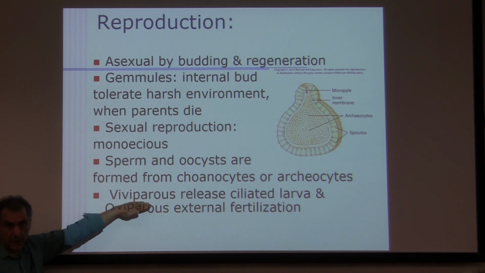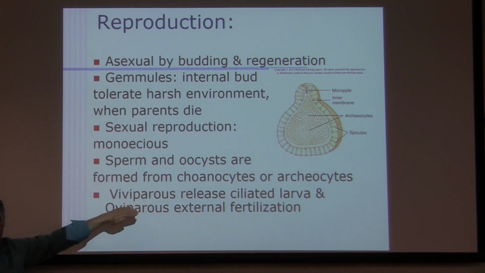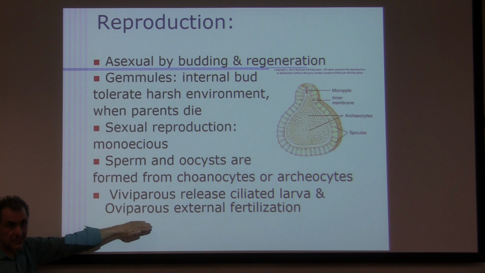Viviparous means animals that give birth. Animals like humans that give birth are viviparous. Oviparous means animals that lay eggs.